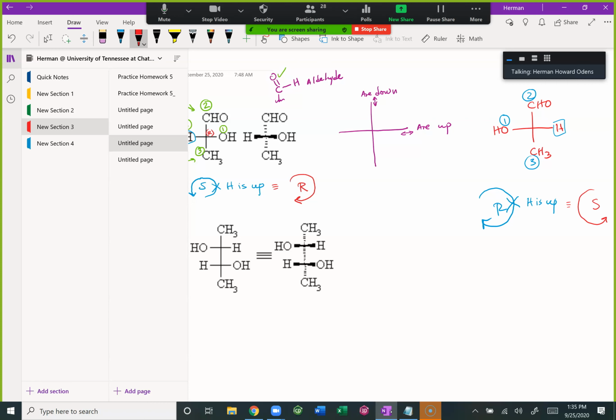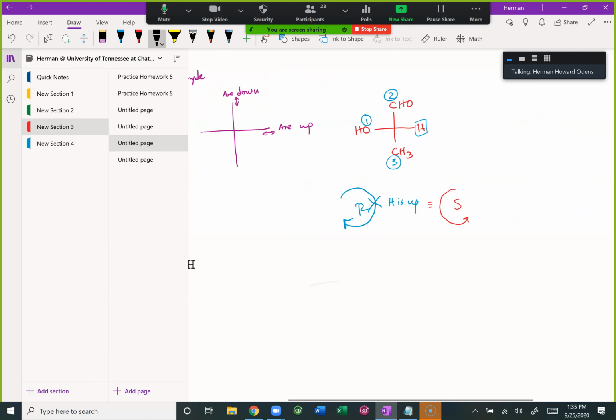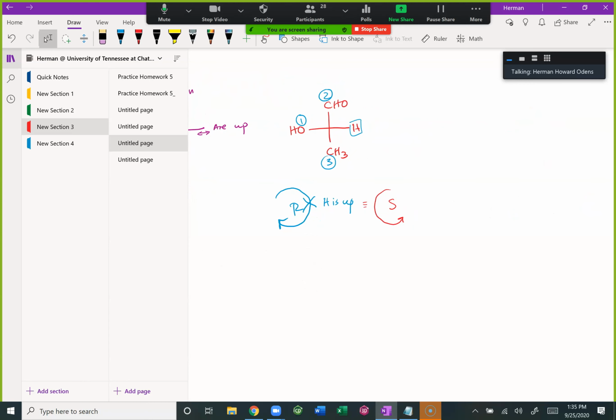You see that? The only time you don't switch is, for example, in some of these examples I saw where the H was here. So you have this H, CHO, OH, and CH3. If the H is in the vertical position, it'll stay.